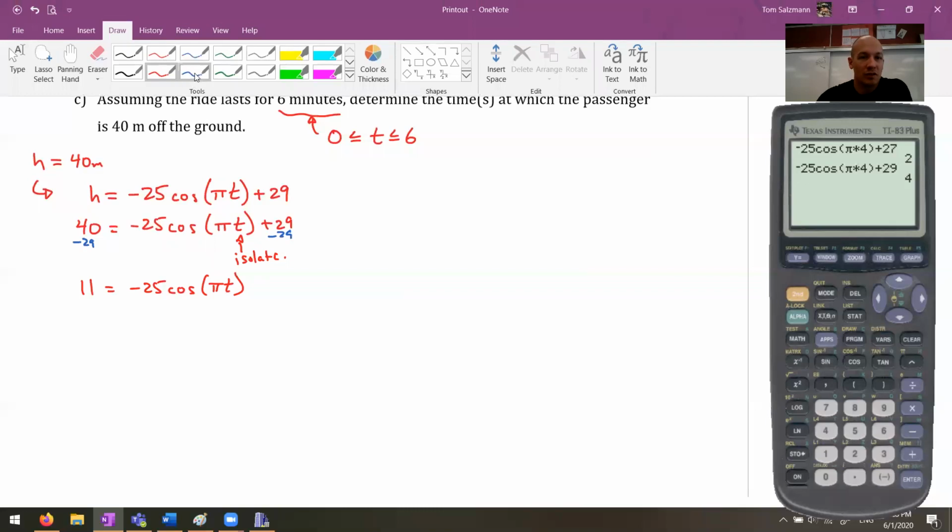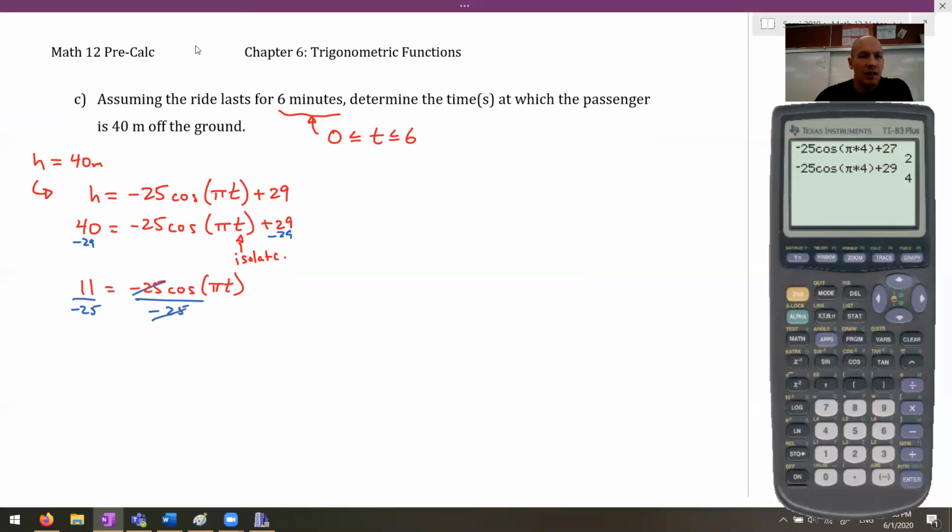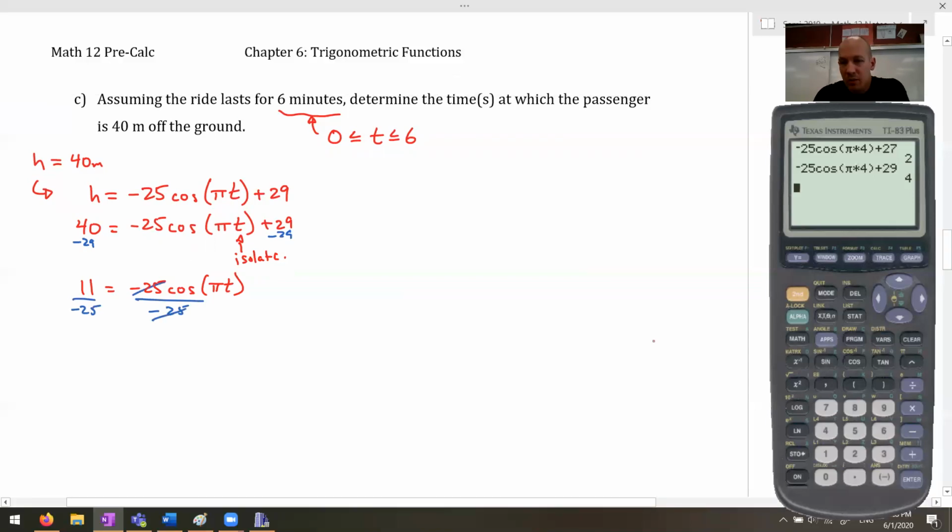Then we isolate cosine by dividing both sides by negative 25. Here it actually makes sense to use your calculator, so we go 11 divided by negative 25, and that's going to be negative 0.44 equals cosine pi t.